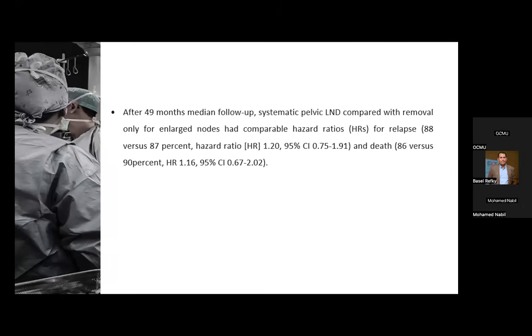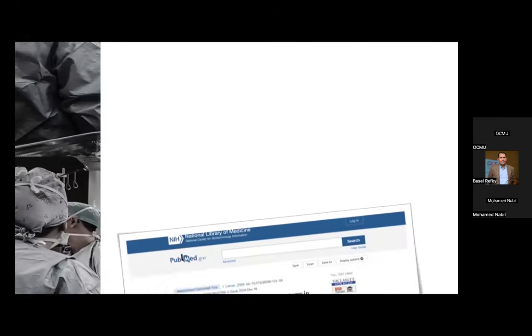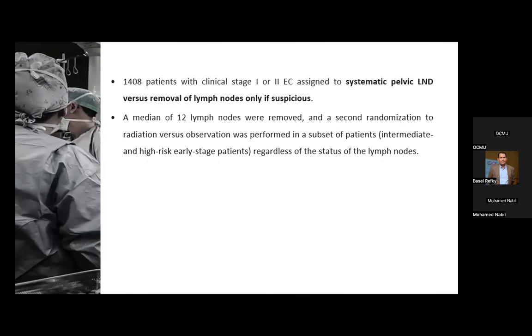They found that after 49 months, systematic pelvic lymph node dissection compared with removal of only enlarged nodes, which was in high-risk groups, had comparable hazard ratios for relapse and death. The ASTEC trial, that was also a famous one, included about 1,500 patients with stage 1 and 2 endometrial cancer, assigned to systematic pelvic lymph node dissection versus removal of lymph nodes only if suspicious.